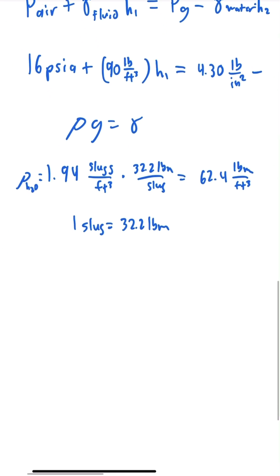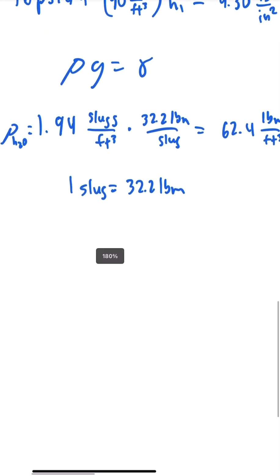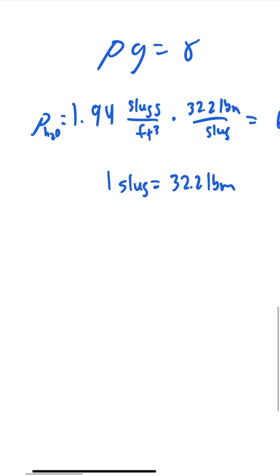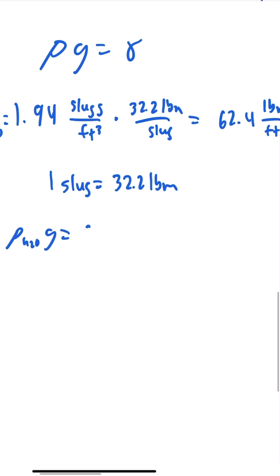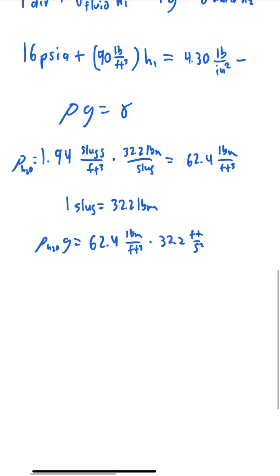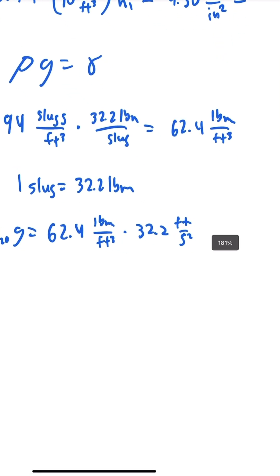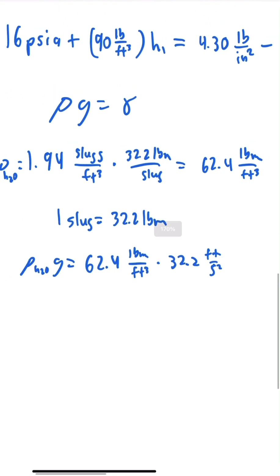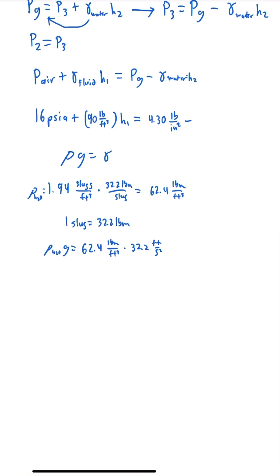But when we multiply this by gravity, we have rho H2O times g is equal to 62.4 pound mass per feet cubed times 32.2 feet per second squared. For English units, that is the specific gravity constant. Well, this would give us something a lot greater than 62.4, which is what the specific weight of water is.